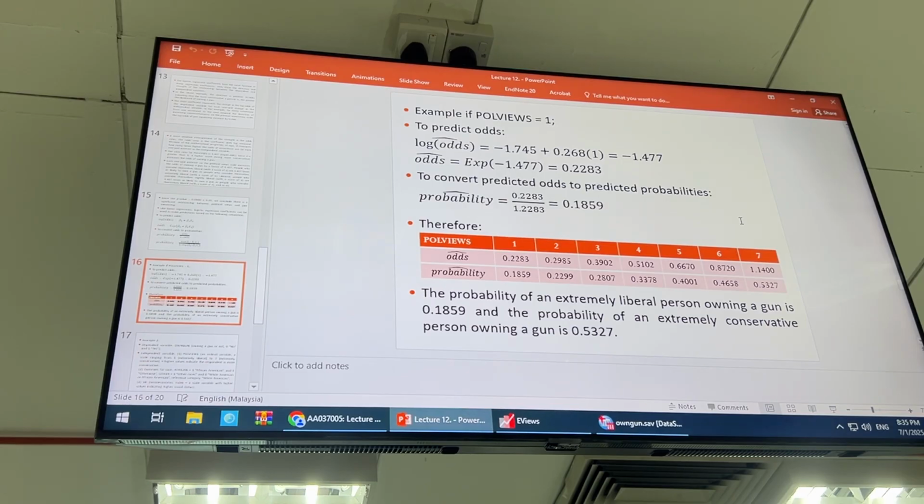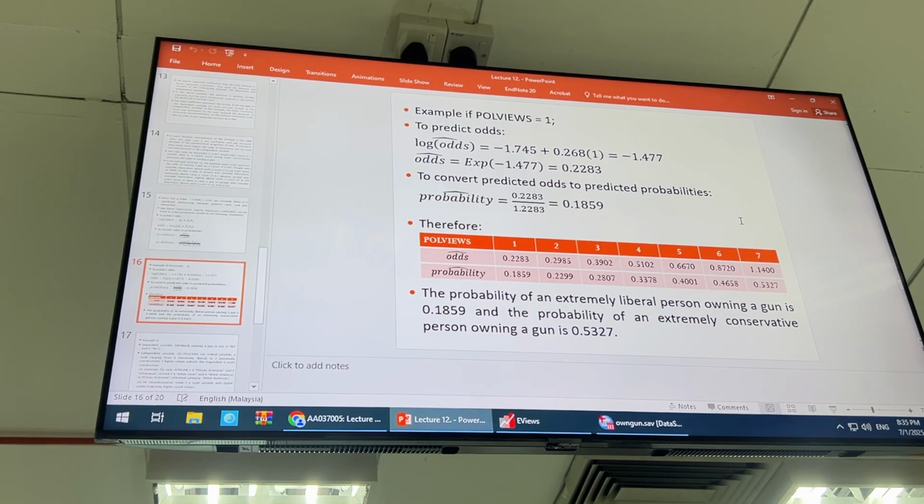So for example, if the value of political view equals 1, so what does 1 mean? Just now, 1 represented extremely liberal.